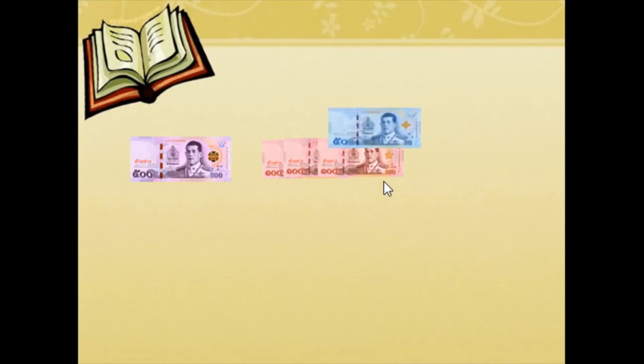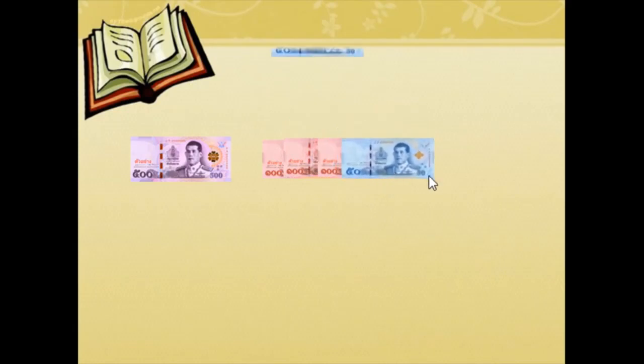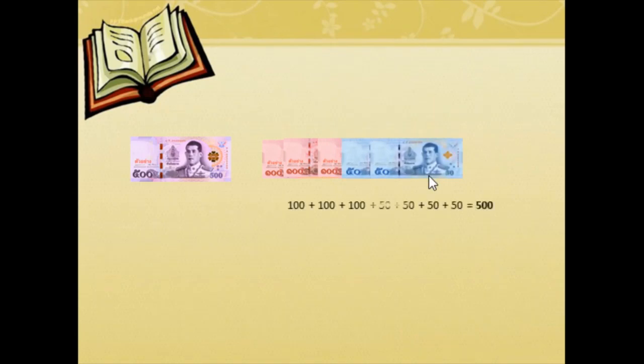We have 1, 2, 3 100 baht notes and 1, 2 50 baht notes. So we have 100 plus 100 plus 100 plus 50 plus 50, which gives us 500 again.